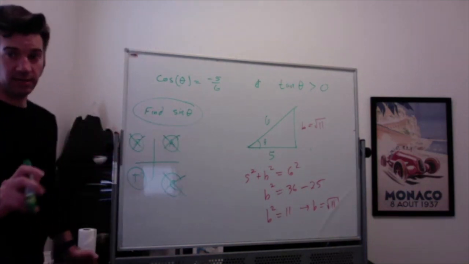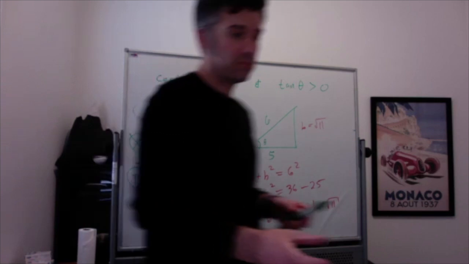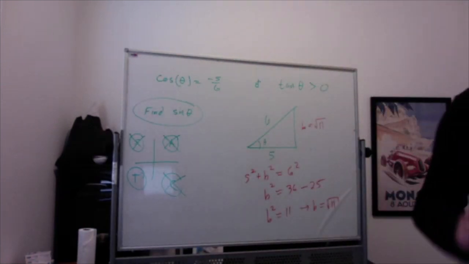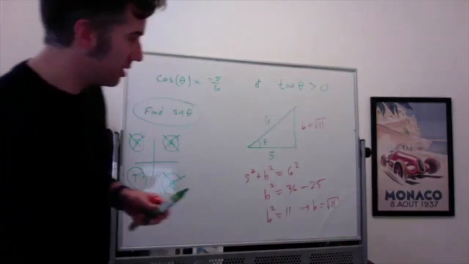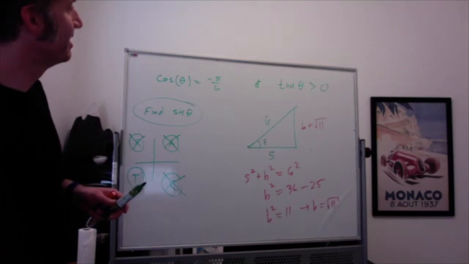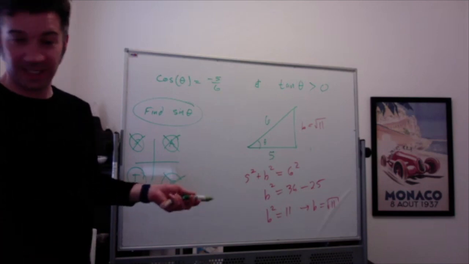All right. So then we're being asked to find sine of theta. Let me ask you guys, is sine of theta going to be positive or negative? Negative. Sorry, say that one more time. I didn't quite hear you. You were right. I just didn't quite hear it. I think you're saying negative, which it is. Right?